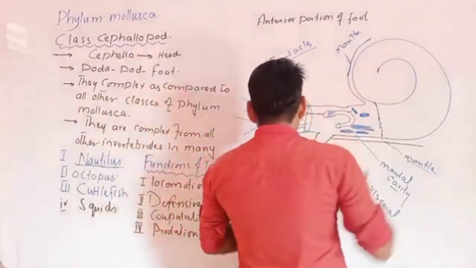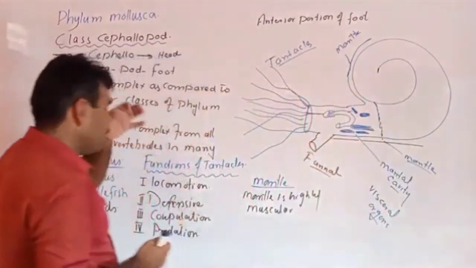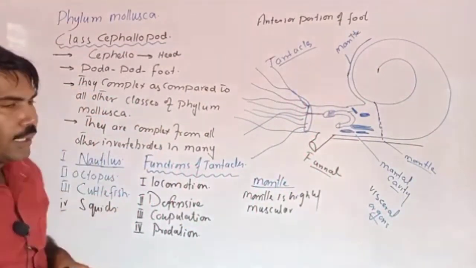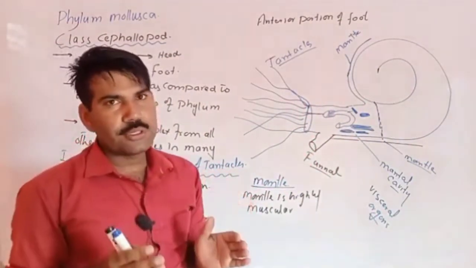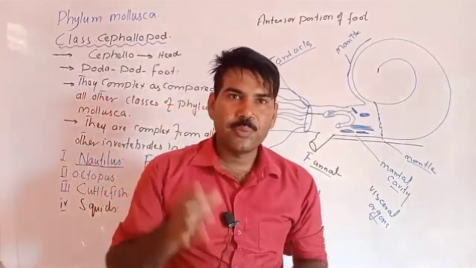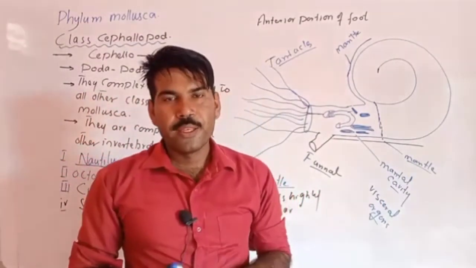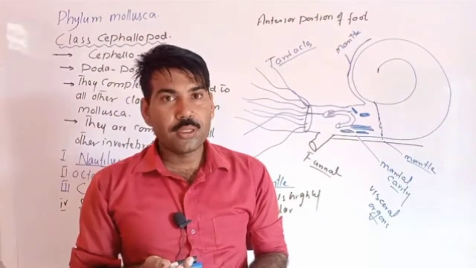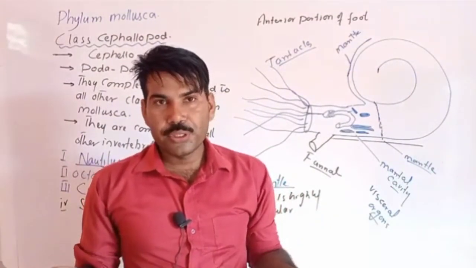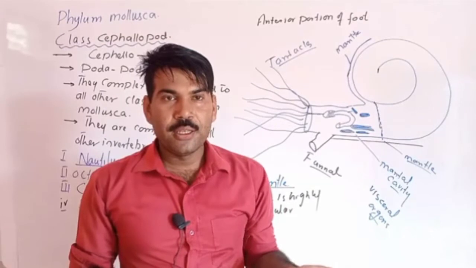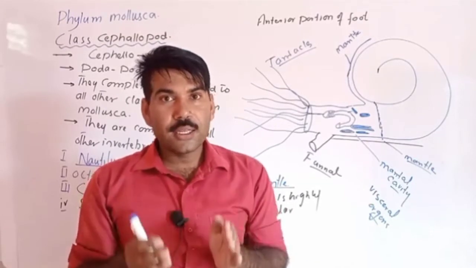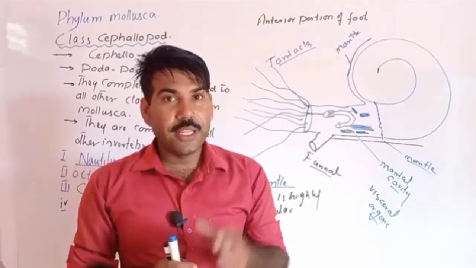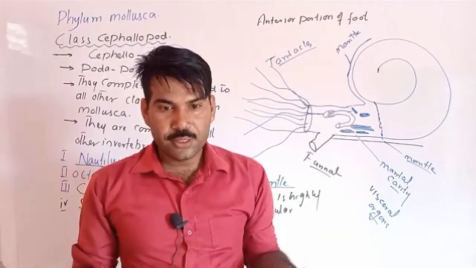So now we will discuss the shell of this animal. When we talk about the shell, we have to discuss the different animals which belong to class cephalopoda. Some animals belonging to this class are modern and have no shell, some are modern but have a shell, and some other organisms from this class have an internal shell, some have an external shell.